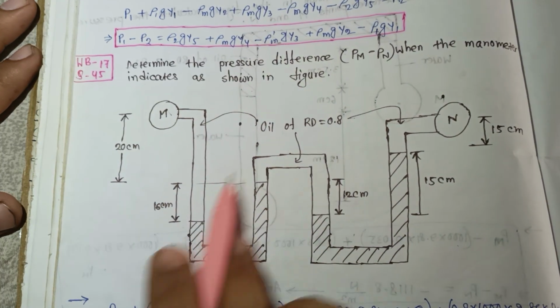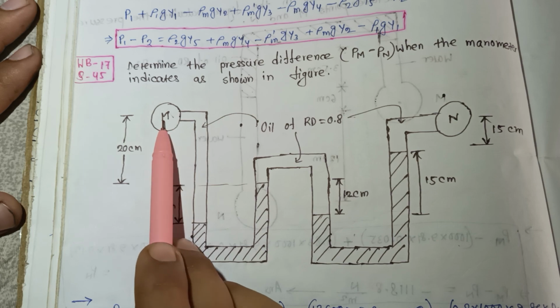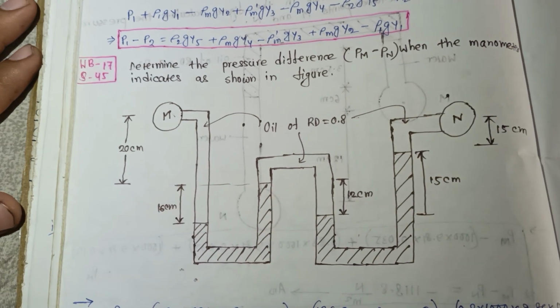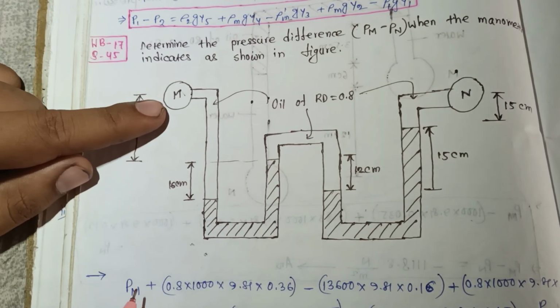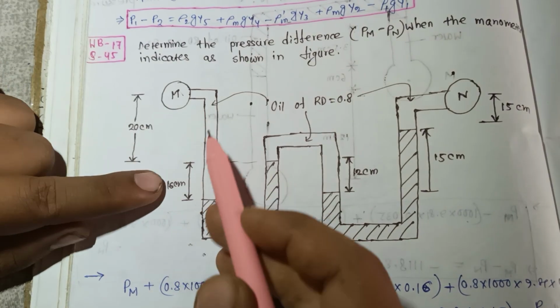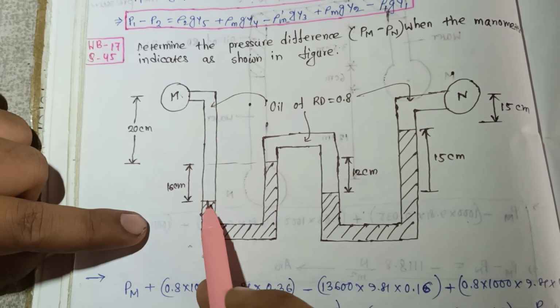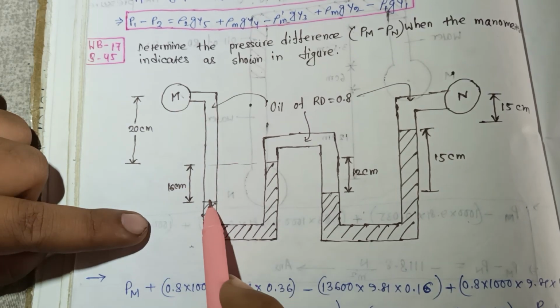This is given in the question, so you have to calculate the pressure difference between this point and this point. All the distances are given here. Pm is the pressure at that point. Then it goes downward, so the distance is 16 plus 20, that is 36 centimeters from this point to this point.